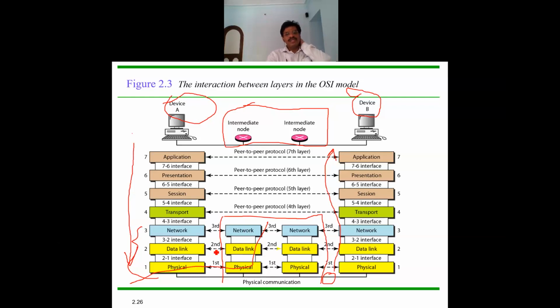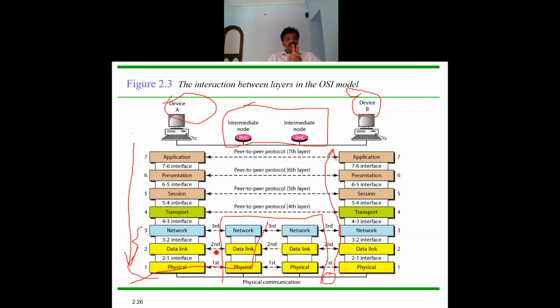Now see the seven layers. The lowest layer, or the first layer in the OSI model, is typically known as the physical layer. What are the functions at this particular physical layer? The physical layer is responsible for the transmission and reception of unstructured raw data between a device and a physical communication medium or physical transmission medium.